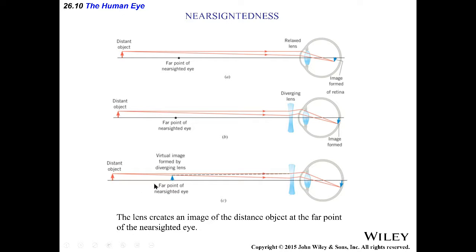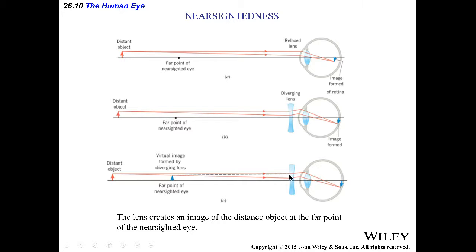And so now, if you have, what is this now? This is just to show you what happened here. The lens creates an image of the distant object at the far point of the nearsighted eye.